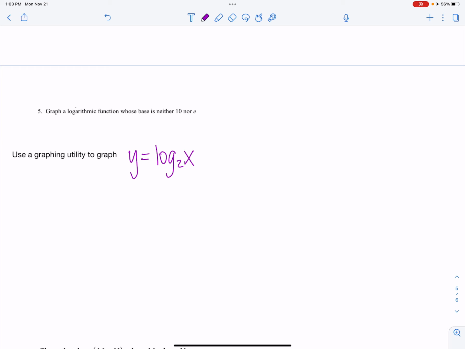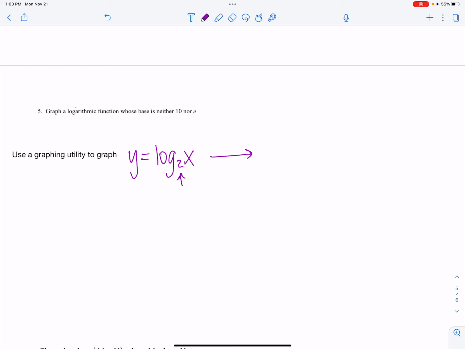Let's say we want to graph the log base 2 of x. So we're graphing something, it's not base 10 and it's not base e, it's base 2. Well, I need to be able to put this into my graphing utility, my graphing calculator. So I'm going to use my change of base formula.